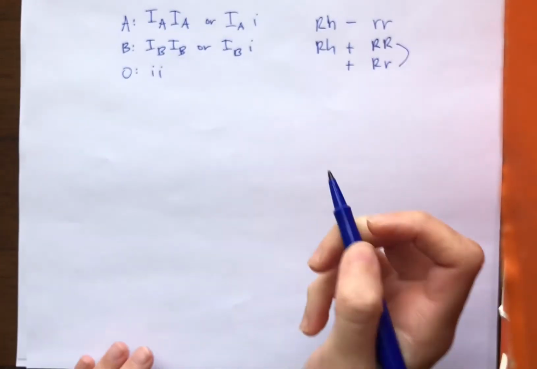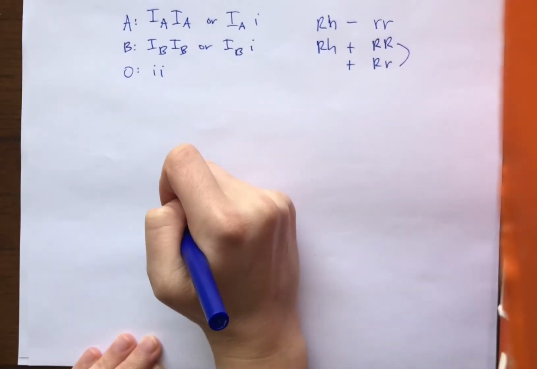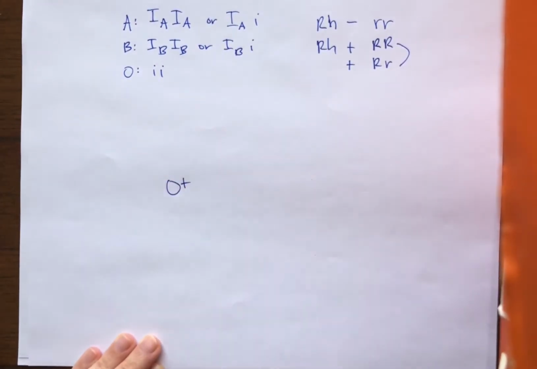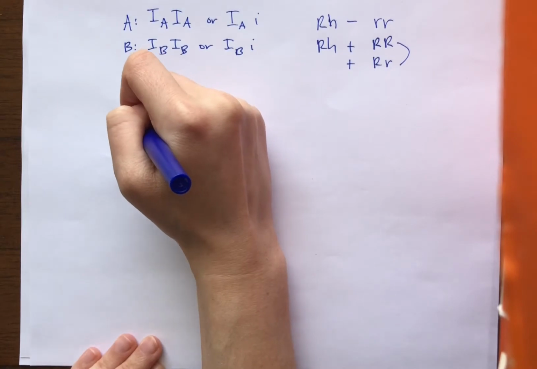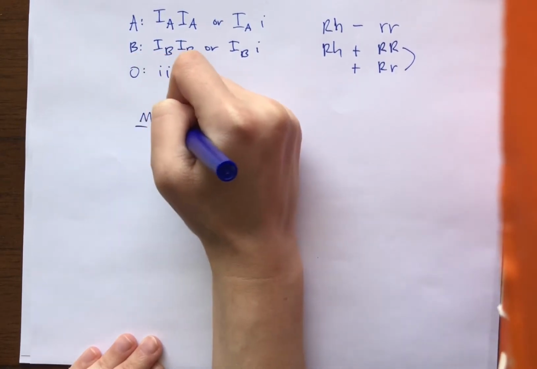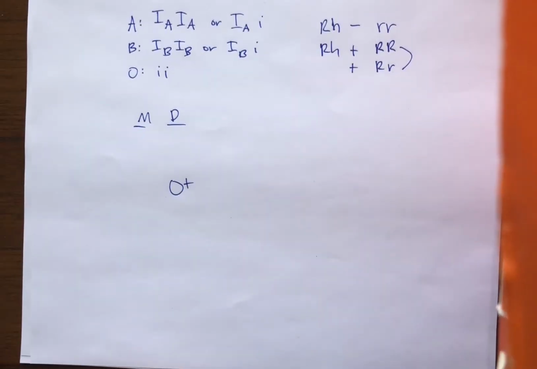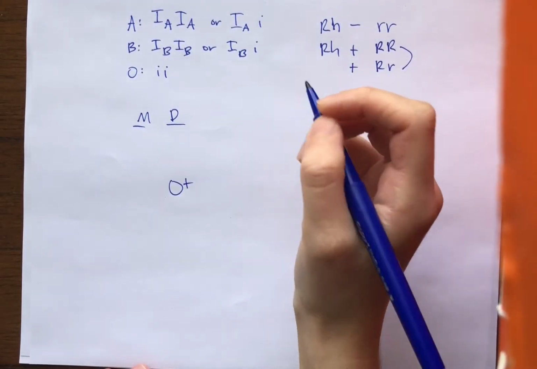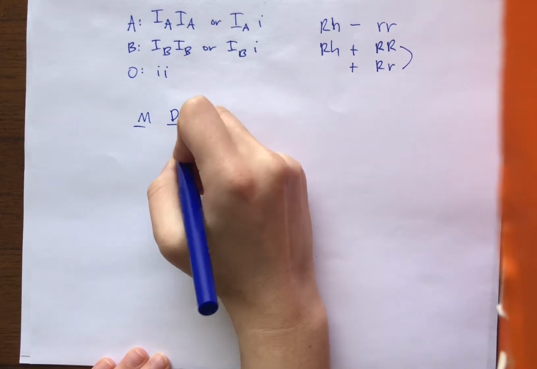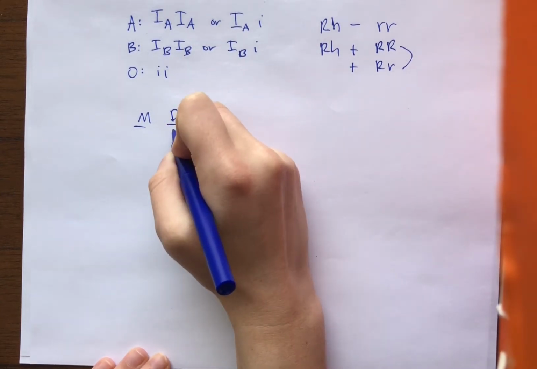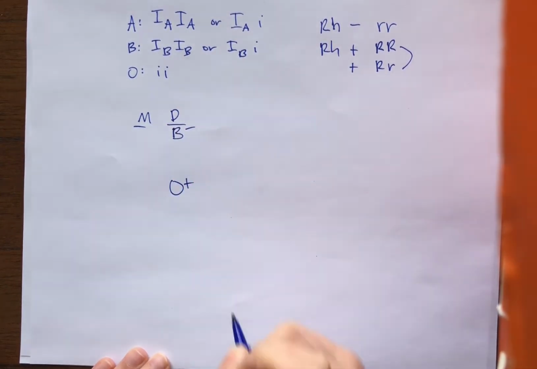We know that the woman is O positive. They don't give us any information for mom, but we know dad is B minus, or negative.